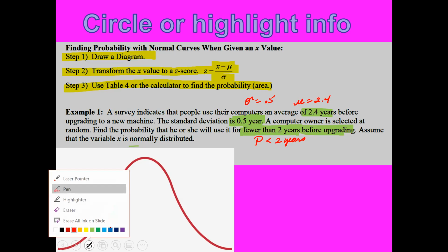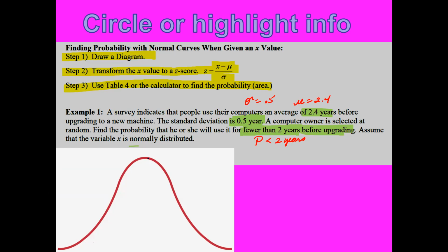When I draw this, this is going to be your mean. Your mean is 2.4 years. And then you're going to have your standard deviation.